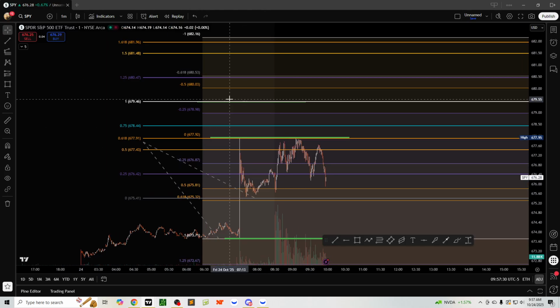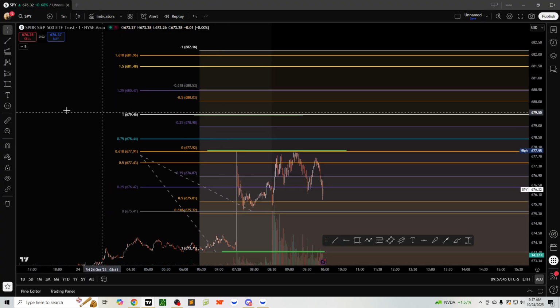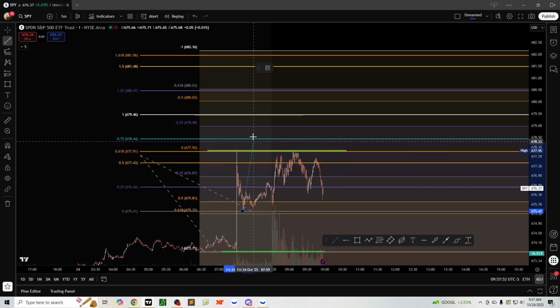So the problem using a retrace for your extensions is it's not doing it algorithmically. All it's doing is saying, okay, this was the move. This is the same exact zone on top of it. So it's not measuring it right. It's not measuring it from where we're starting, which is the bounce here up.